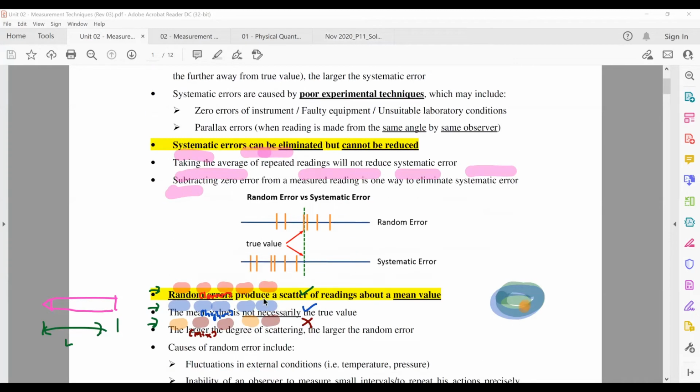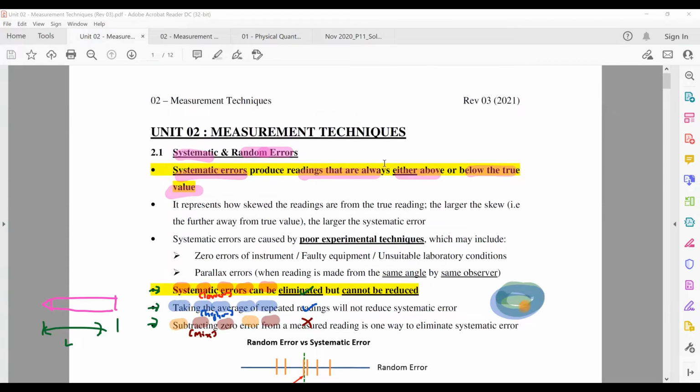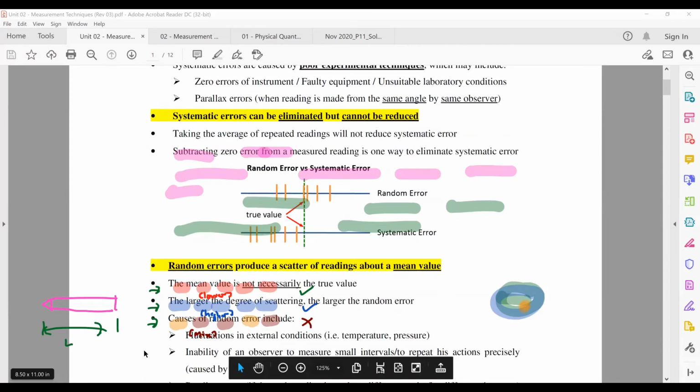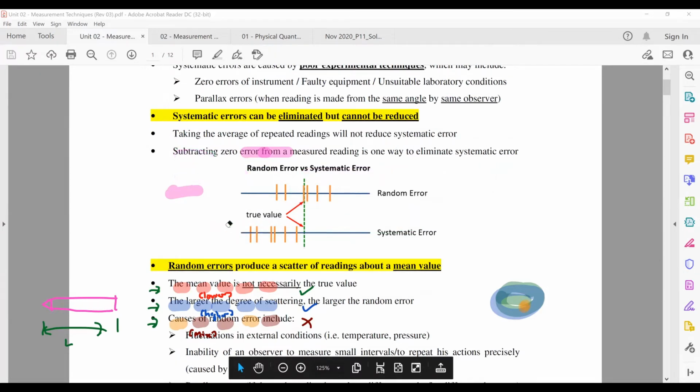So systematic errors produce readings that are always either above or below the true value. When you have systematic error, it tells you how skewed your readings are from the true reading. The larger your skewing, meaning the further your readings are from the true value, the larger the systematic error. Look at this little line diagram here.